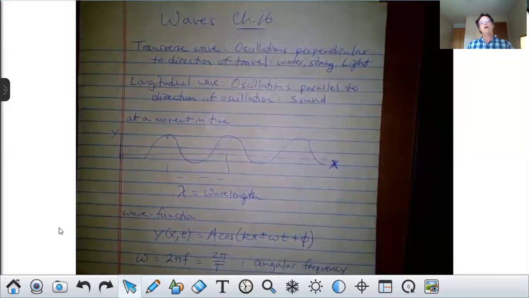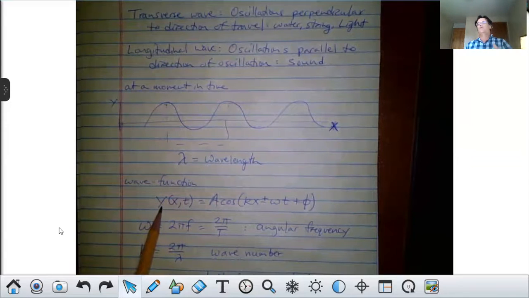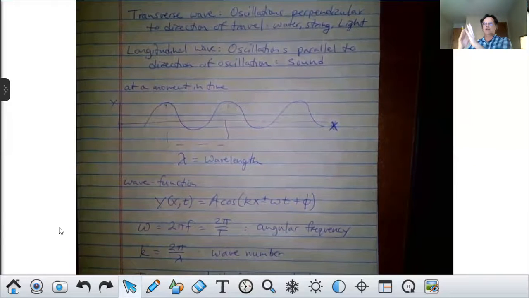So when we want to describe the wave mathematically, we're going to talk about a wave function. I want to know the height of the wave as a function of two variables now, x and t. Not just the time, but also how far away am I from the beach, for example.